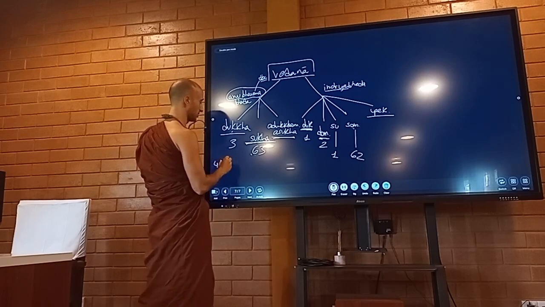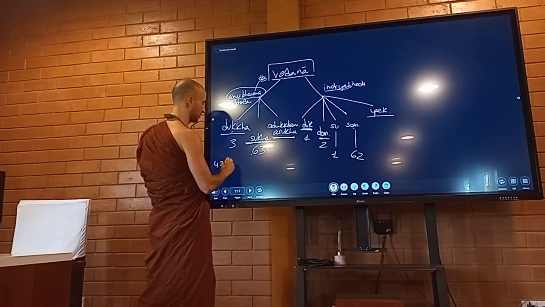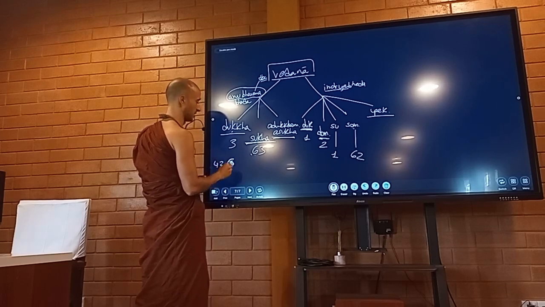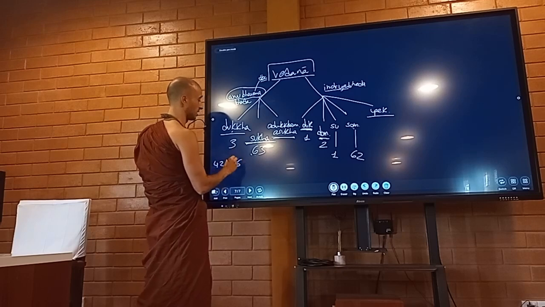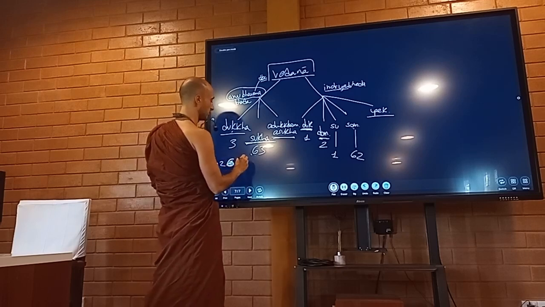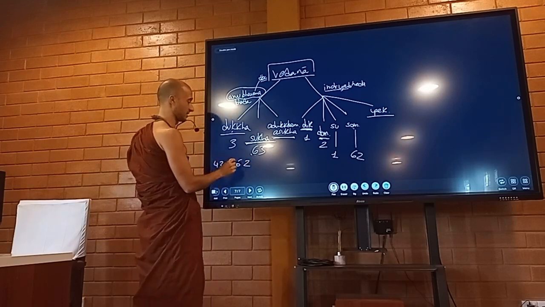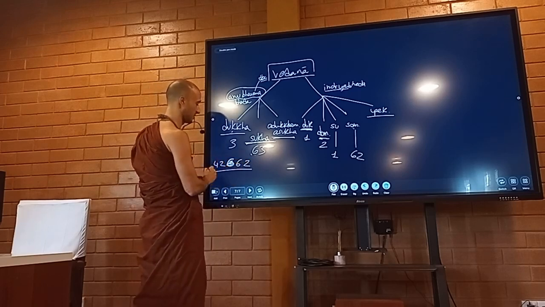And then ahetukas: we have 7 akusala vipaka, but only 6 are upekkha. And then 6 ahetuka kusala vipaka. And then we have only 2 ahetuka kiriyas. Hasituppada, don't forget.